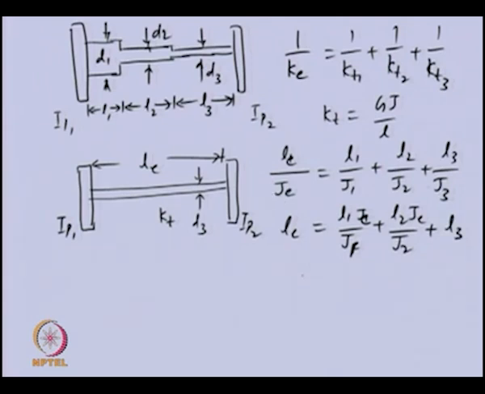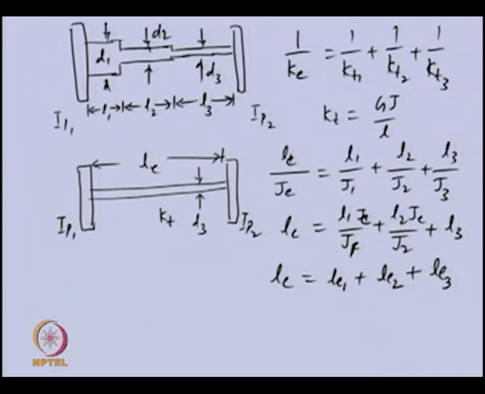So you can see that this can be written as the equivalent length of the first shaft segment, the equivalent length of the second shaft segment, and the equivalent length of the third shaft segment. So this is the total length of the shaft.